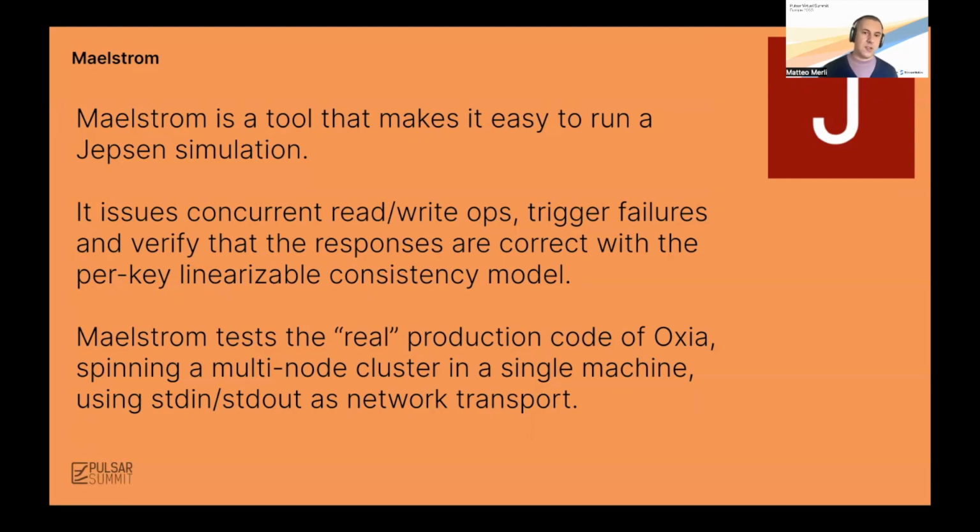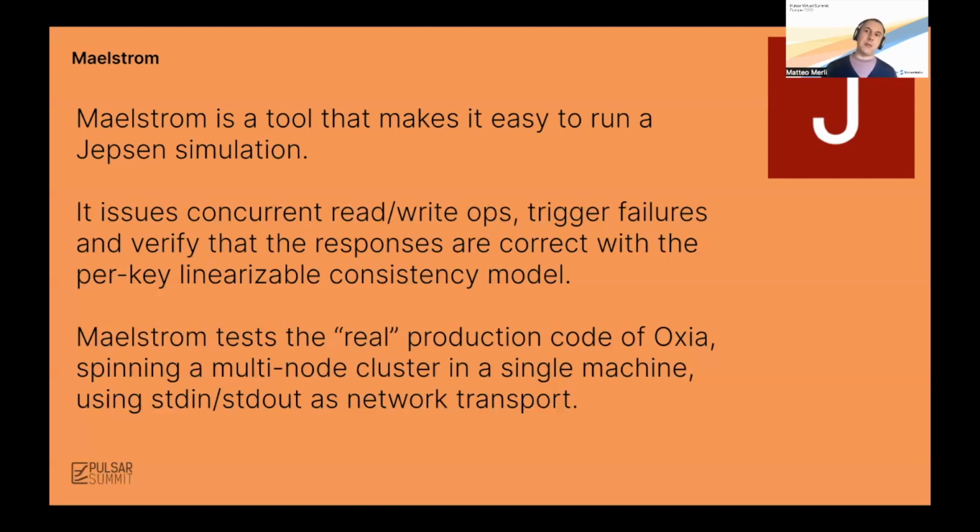The way it works is that instead of using a cluster of multiple machines, it spins up multiple processes, making a multi-node cluster on a single machine. You can run that on your laptop and say, I have a cluster of 10 Oxia nodes. For Maelstrom to talk with the Oxia servers, and between them, the Oxia processes use stdin and stdout.